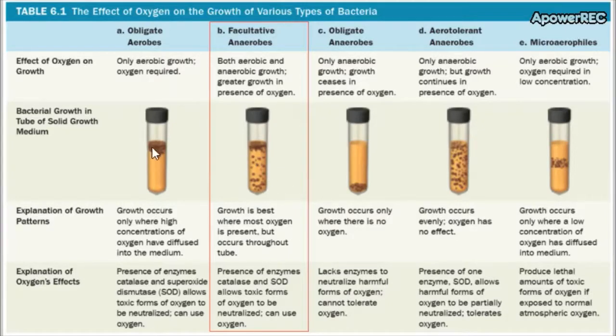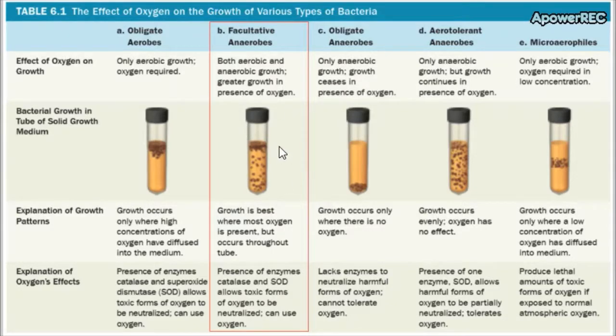This culture tube has a certain amount of oxygen diffusion in it if it's left undisturbed, and so what you'll see is towards the top is where most of the oxygen is, and when you reach the bottom it becomes very anaerobic, very low in the amount of oxygen present. And so facultative anaerobes have the ability to produce energy both aerobically and anaerobically.